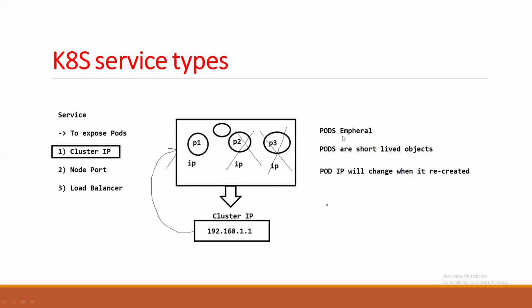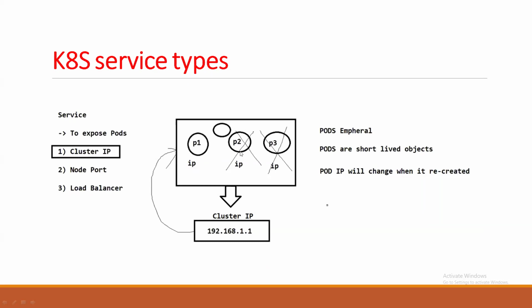Pods are ephemeral. Pods are short-lived objects. So the pod IP will change when it is recreated. For example, guys, P1, P2, P3. These all are the pods. P1 pod contains an IP, P2 pod contains an IP, P3 pod contains an IP. If pod 2 crashed, it will create another pod.